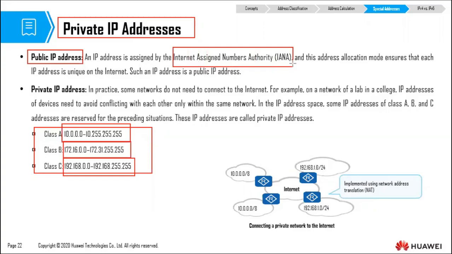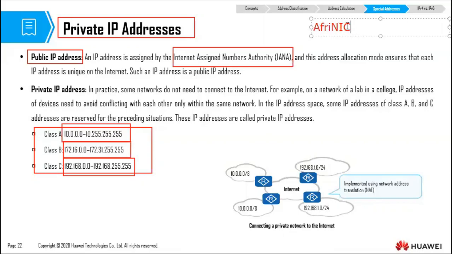For Africa, it's AFRINIC, the only NIC that has a few IPv4 addresses left.